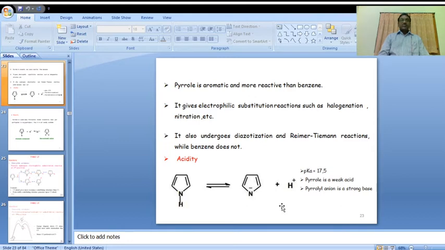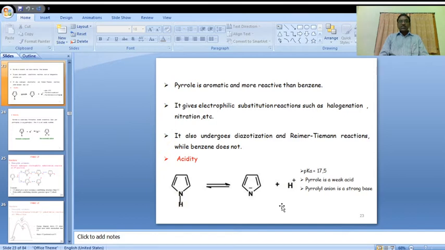Why does the electrophile attack the ring? In the last class we have already discussed, due to the delocalization of electrons, the ring gets negative charge, more electron density on the ring.